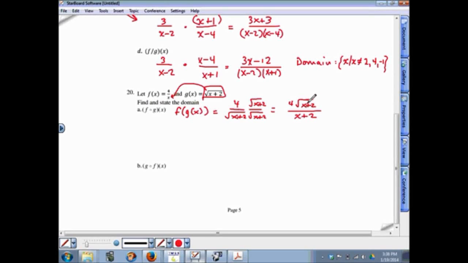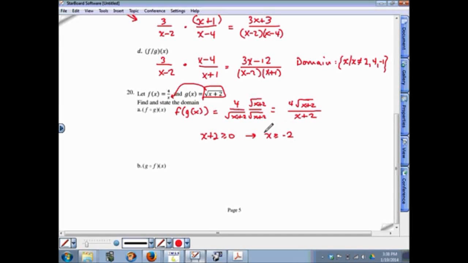So that also means that we can't take the square root of anything that's negative. So first focusing on the radical. In order to take the square root of x plus 2, x plus 2 has to be greater than or equal to 0, which means that x has to be greater than or equal to -2. But that's just for this piece in the numerator. We know now from the denominator that x cannot equal -2.